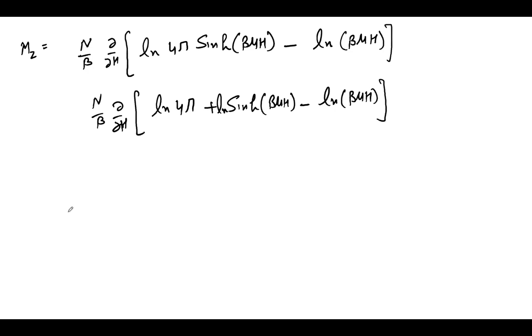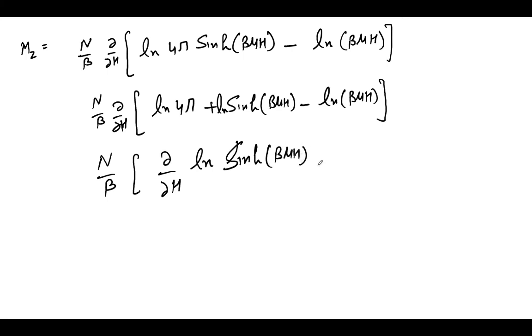Log of pi, that is 0. So when we open this derivative, del by del h log of sine hyperbolic beta mu h minus del by del h log of beta mu h.